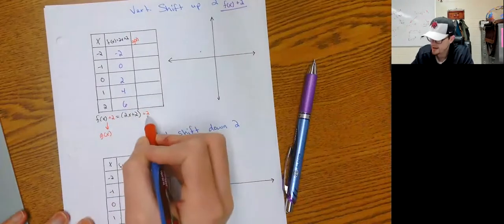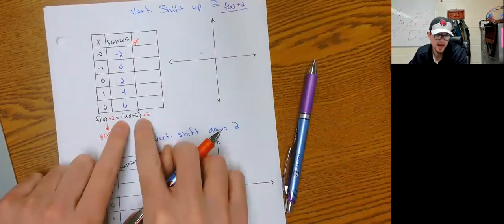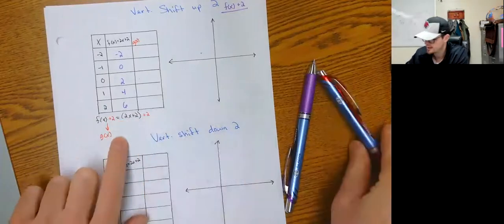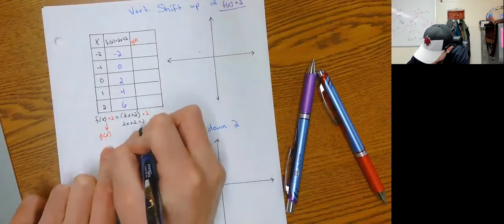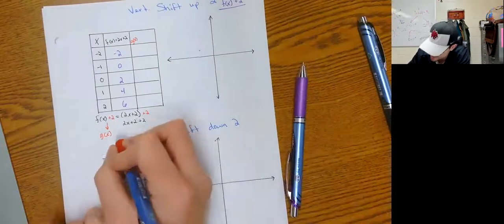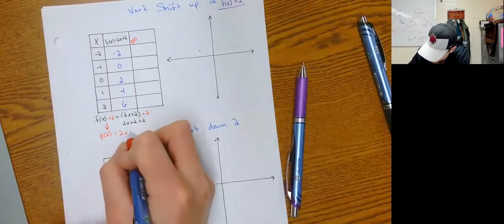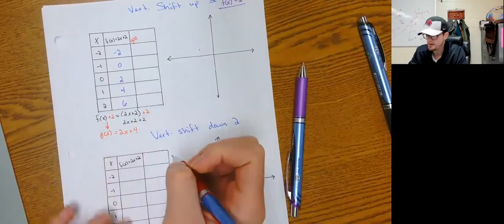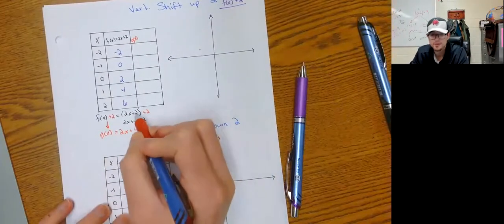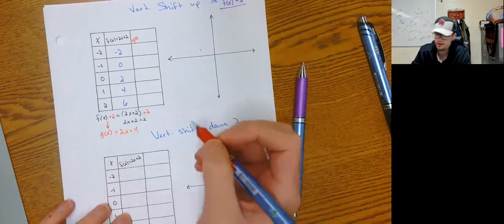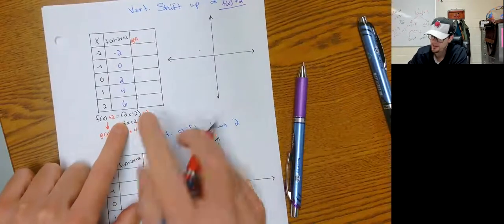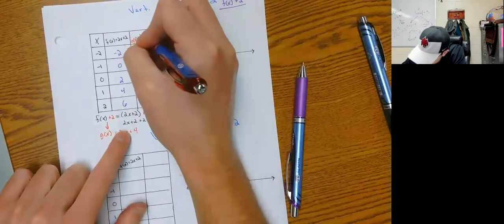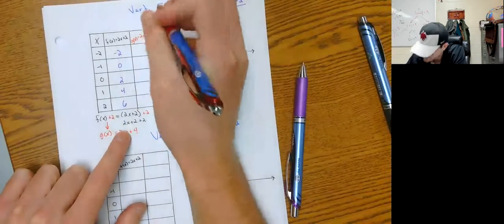When we add to the entire function, is there a purpose to have these parentheses? No, there is not. So there's this middle step where it's just 2x plus 2 plus 2, which becomes 2x plus 4. So in reality, could I just add the 2 to the 2? Yes, you can. But the point is you're adding the 2 to the entire function. So we got 2x plus 4.